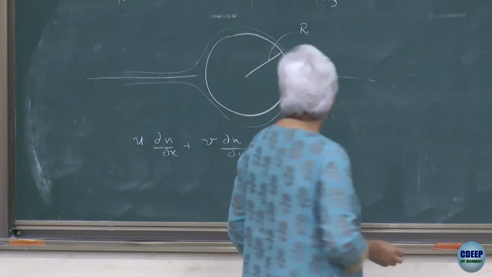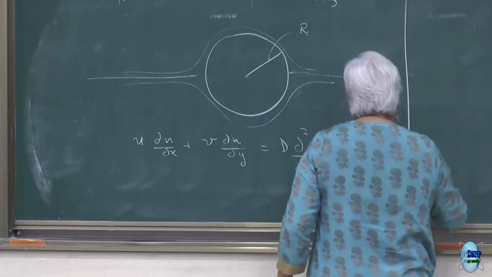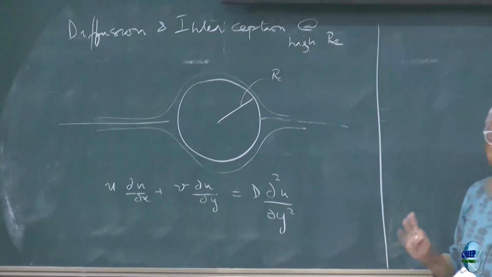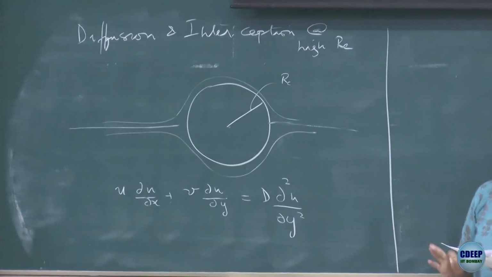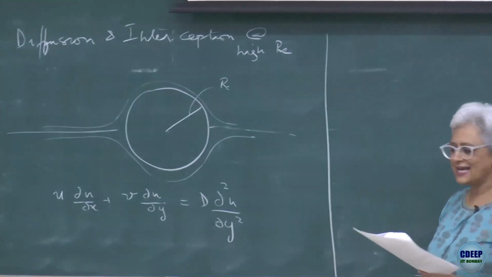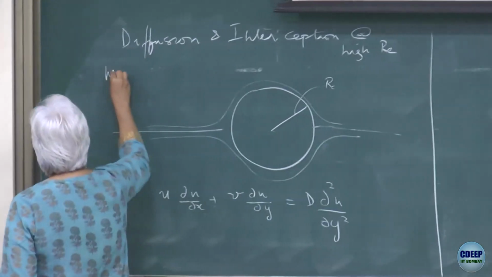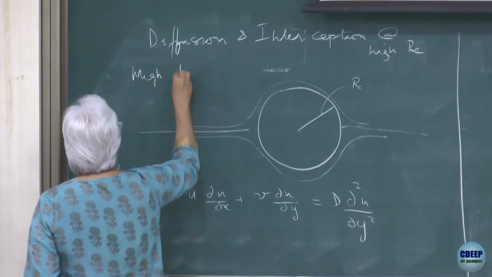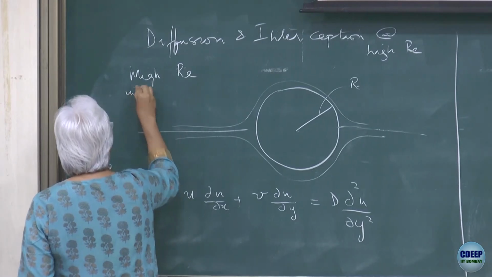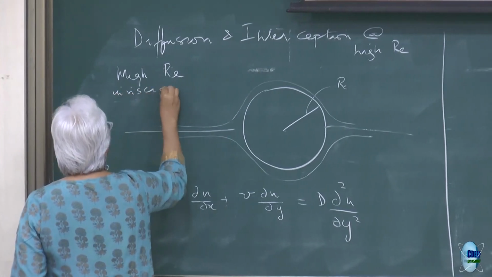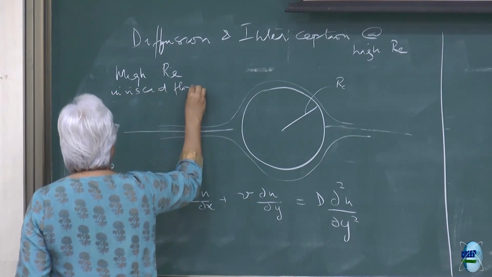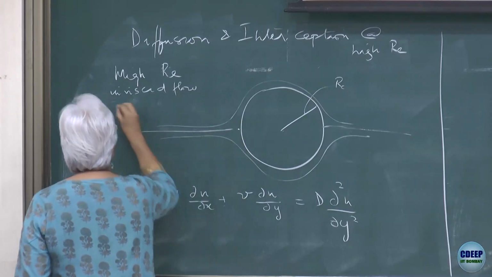Now, a lot of it comes from fluid mechanics, so we're just going to take it as such. We say high Reynolds number, inviscid flow, and close to the stagnation point.